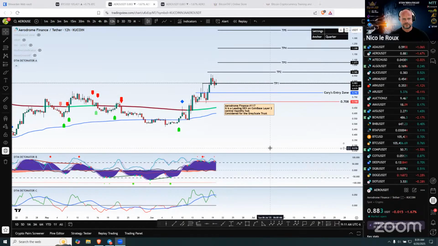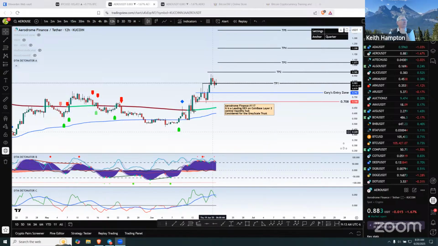Yeah. So with this chart, we've got 12-hour candles, and this is a coin that was recommended to us from Nico and Corey. What we're looking at here is they give us guidance after the training: here's a good entry zone, there's a good stop loss area, and then we're going to see these take profit levels. These are support and resistance zones.